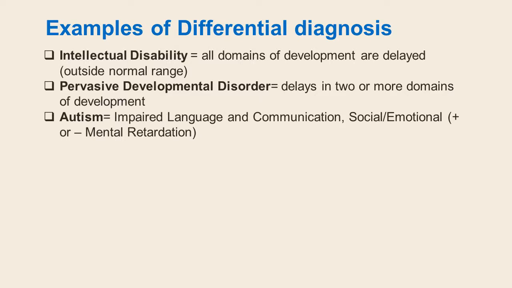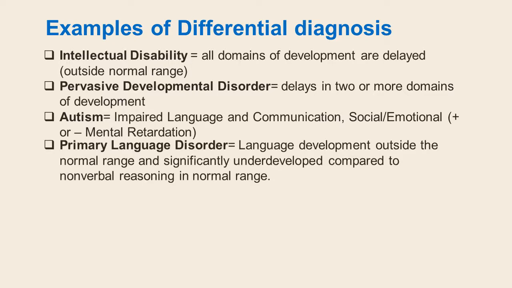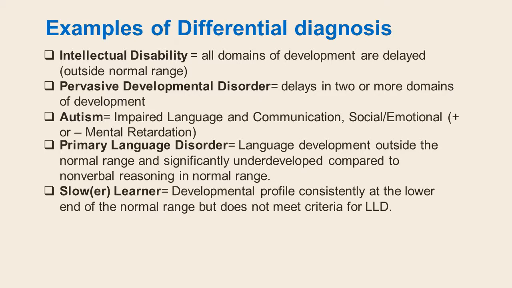Autism, as I said, the main characteristics are communication and social, which is very similar, plus or minus, to mental retardation, which is now called intellectual disability. Primary language disorder, language development outside the normal range and significantly underdeveloped compared to the normal range. So that is also an example.